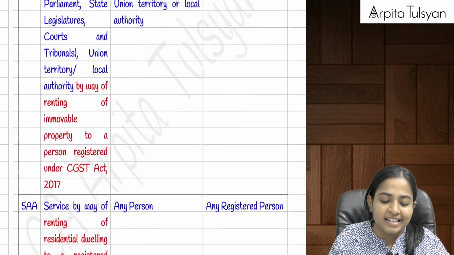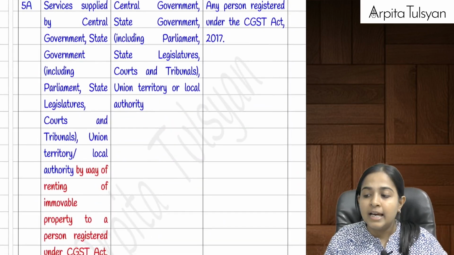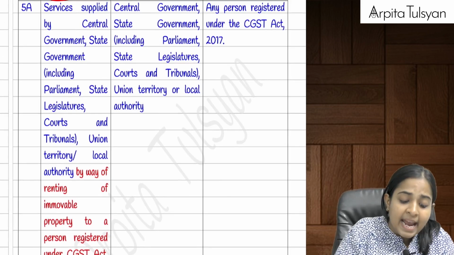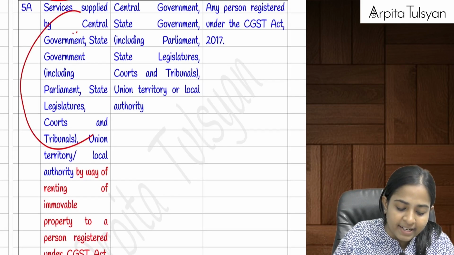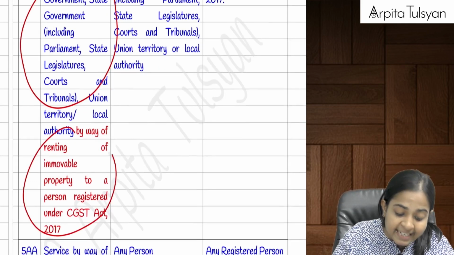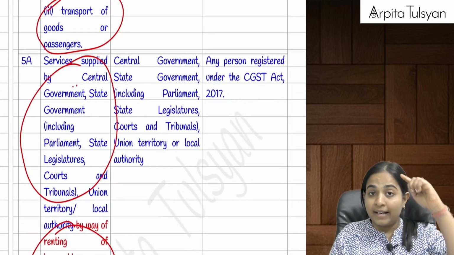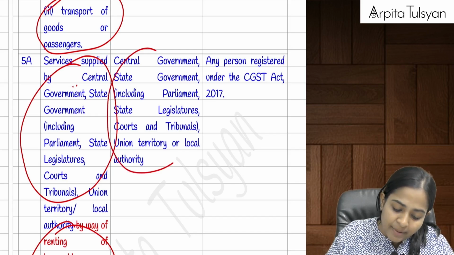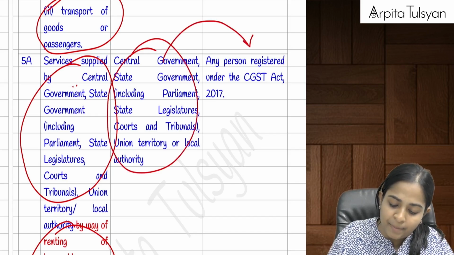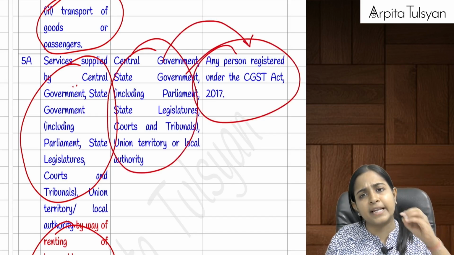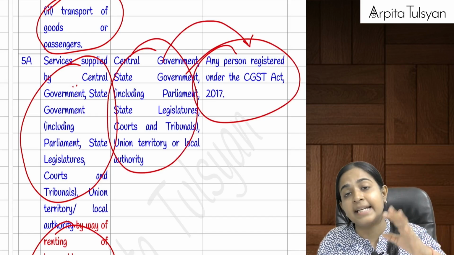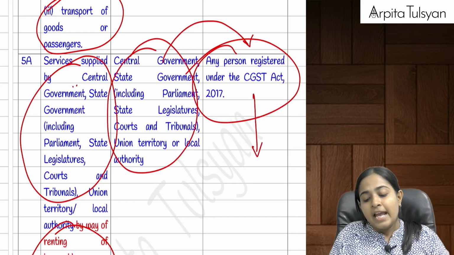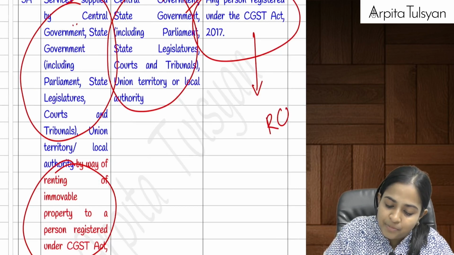That is, the business entity is responsible to pay the tax to the government, right? Now see the point that we took out separately: any services provided by the government by way of renting of immovable property. Remember, above we studied that forward charge was applicable. If the government is providing this renting of immovable property service to any person who is registered, be it a business entity or a non-business entity, but registered under GST, then in such case reverse charge mechanism will be applicable.